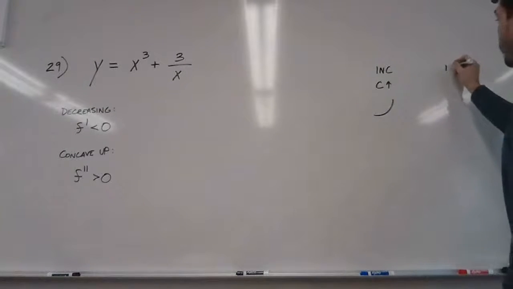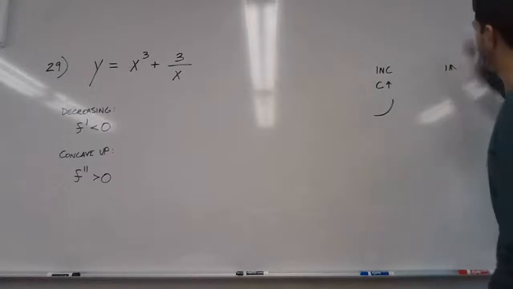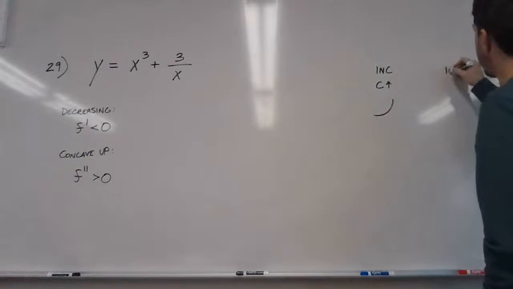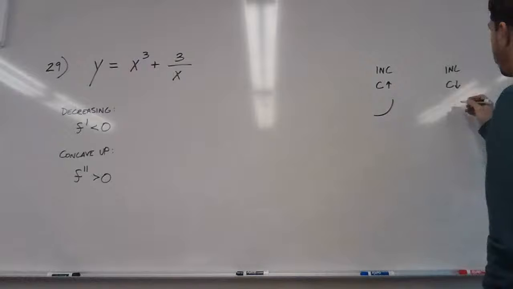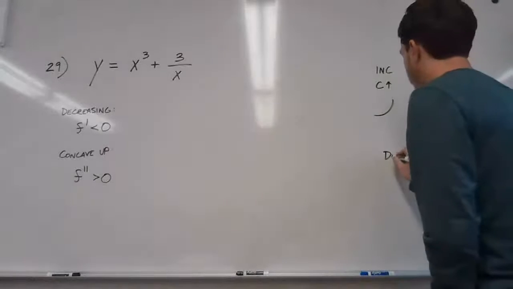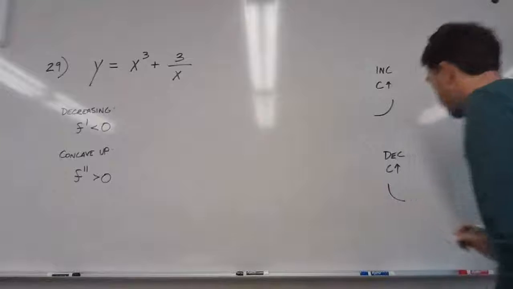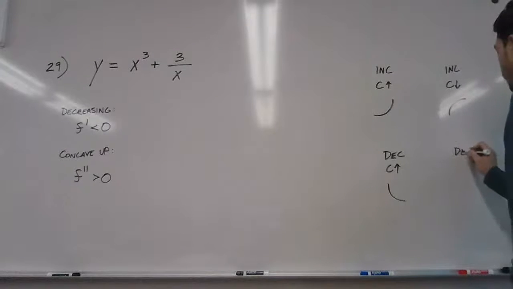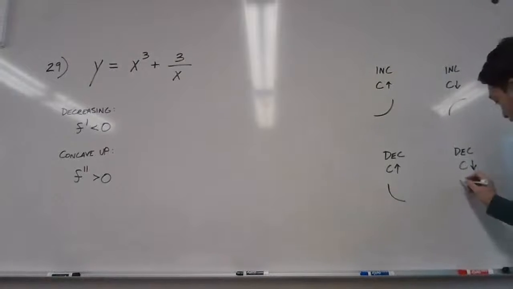Increasing and concave down looks like this. Do you see how it's increasing but also concave down? If you are decreasing and concave up, that looks like this. And if you are decreasing and concave down, you look like this.